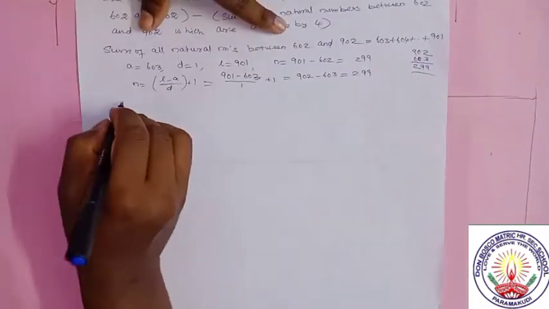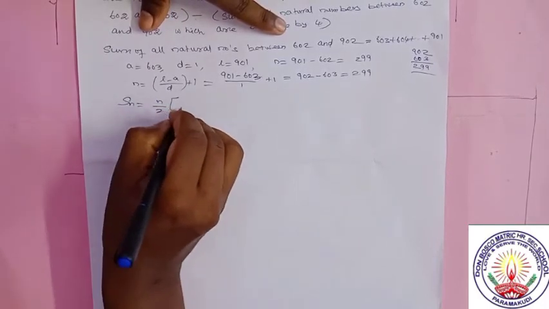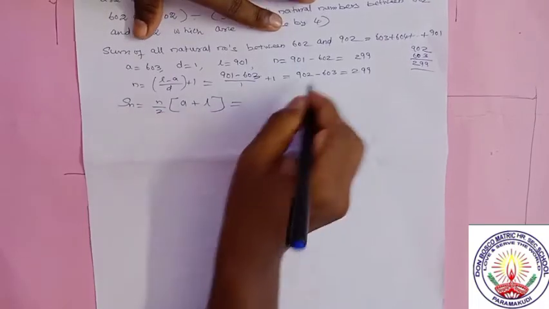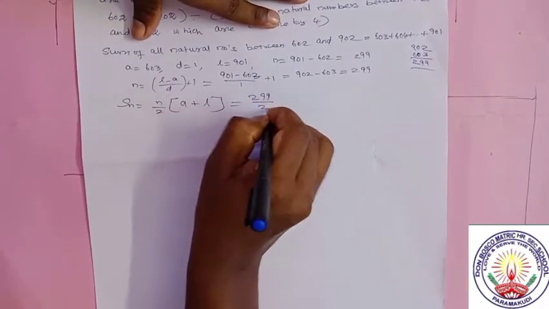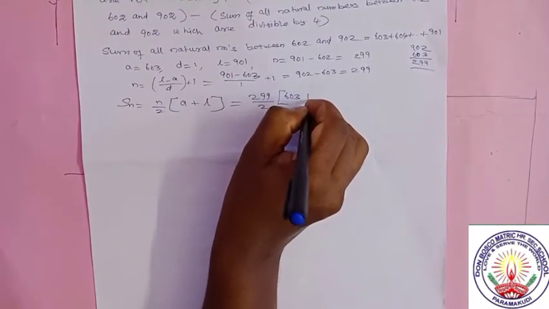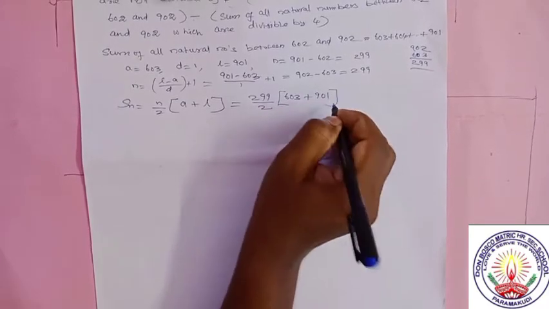Therefore, the formula when the last term is given: Sn is equal to n by 2 into (a plus l). So n is 299, a is equal to 603 and l is equal to 901.